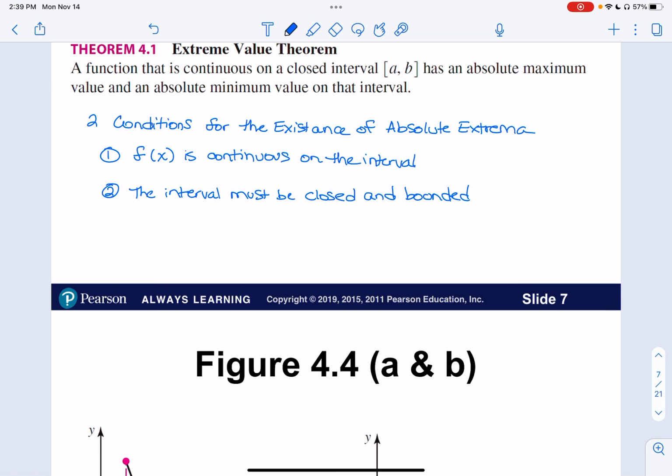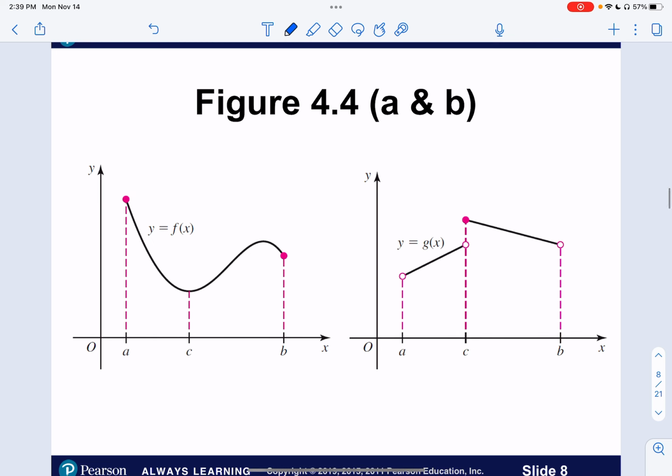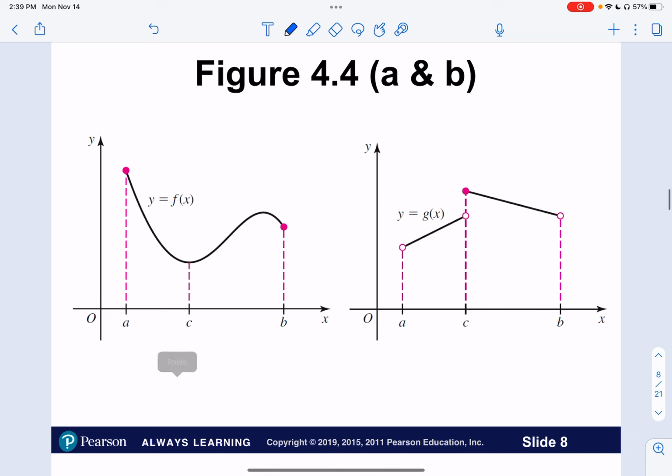So let's take a look at a couple more examples, and let's see what we can get out of this idea. If we look at figure 4.4a, here we meet our first condition, f of x is continuous.